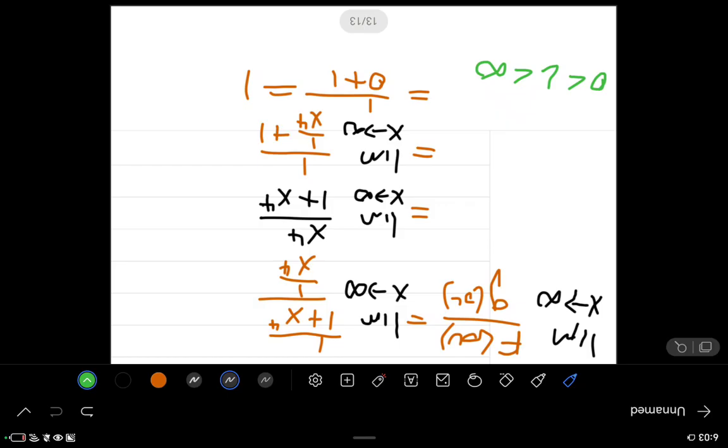Can we say it converges or diverges? What can we say? Converges. It converges. Anyone who says it converges, those who agree? Yeah, it converges.